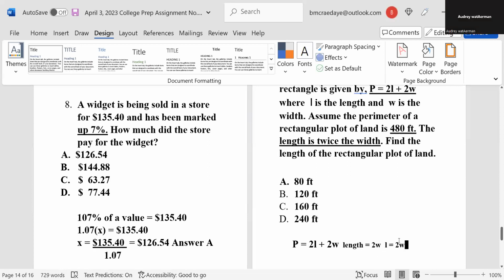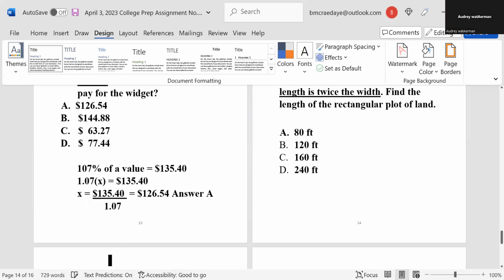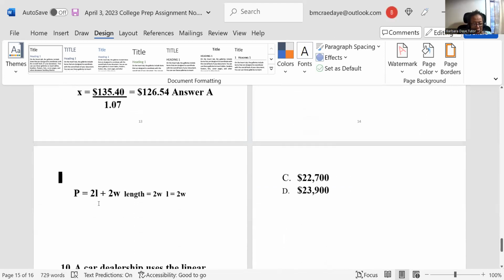Now if the length is twice the width, substitute that in the perimeter equation. Where you have length, you're going to put 2 widths, right? Take that equation, P equals 2L plus 2W.